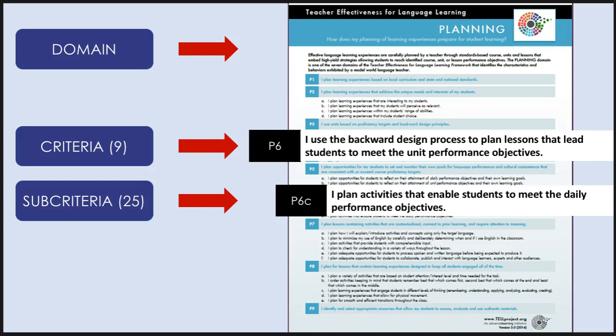Programs look at each of the domains and carefully select the criteria and the sub-criteria that they feel will best meet the needs of their participants.